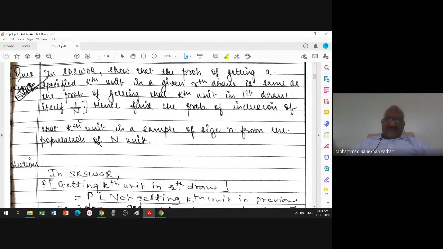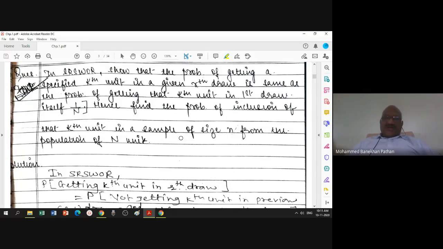The answer is 1 by n. We also proved the chance of inclusion of that specified unit in the sample of size n taken from the population of size capital N.